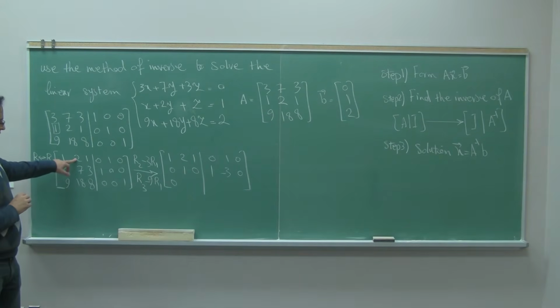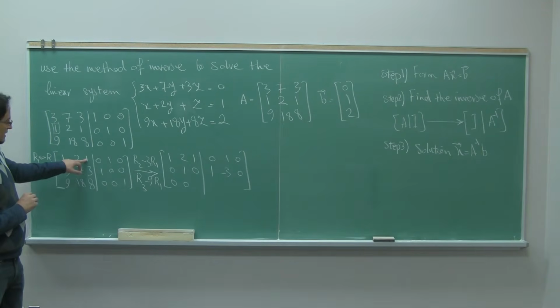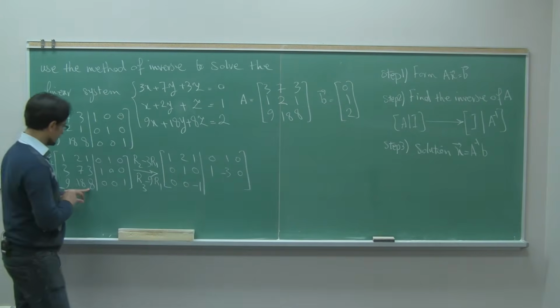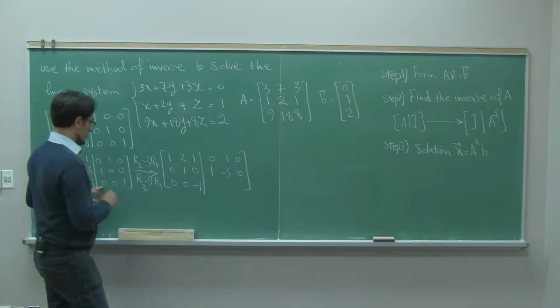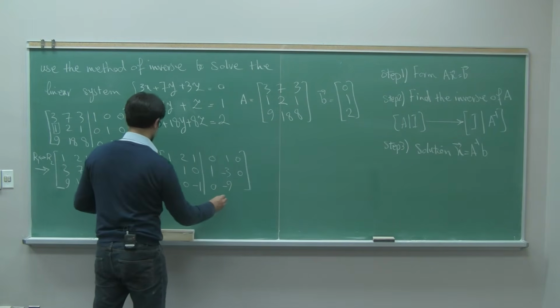Minus 9 times 2 is 18, added to 18, I get 0. Minus 9 times 1 is negative 9, and added to 8, you get negative 1. Negative 9 times 0 is 0, added to 0 is 0. This is negative 9. And this is 1.